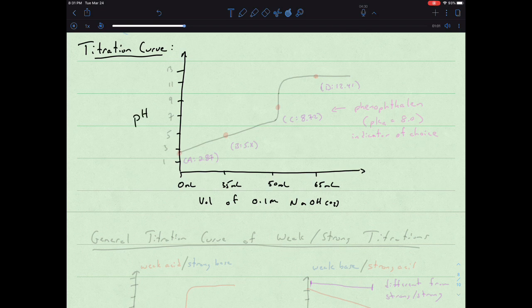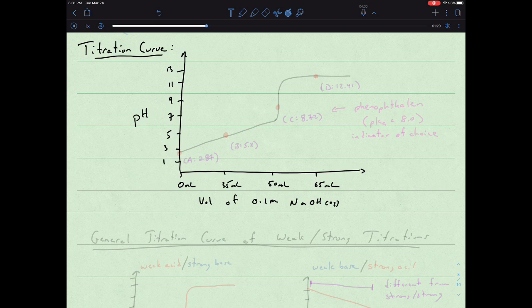We have our pH scale on the y-axis. So now we're just basically plotting the data points that we had from the calculations in parts A through D.